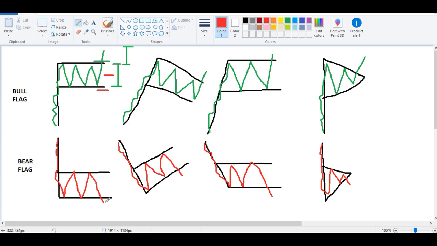And we enter the moment the consolidation area breaks. When price starts to move out of the consolidation area is when we enter. And very similarly, we keep our stop loss either the midpoint or the opposite end. And my target is simply the distance of the flag, like this.